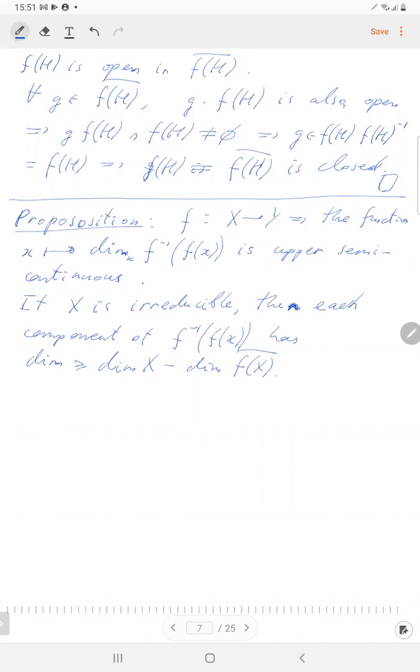Yes. Okay, I see. Well, we do not really define any measure theory, but intuitively, yes. Generically, you have some dimension, but then on the boundary, over the measure zero complement, the dimension can jump.